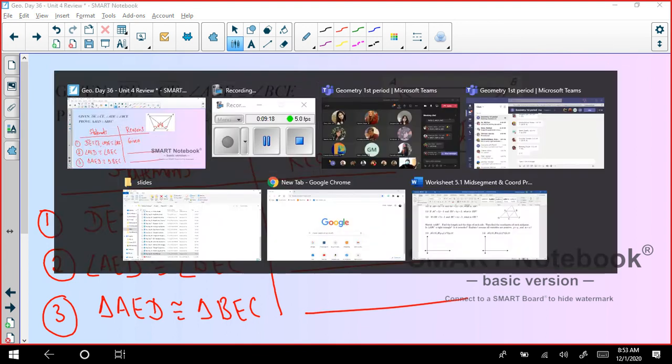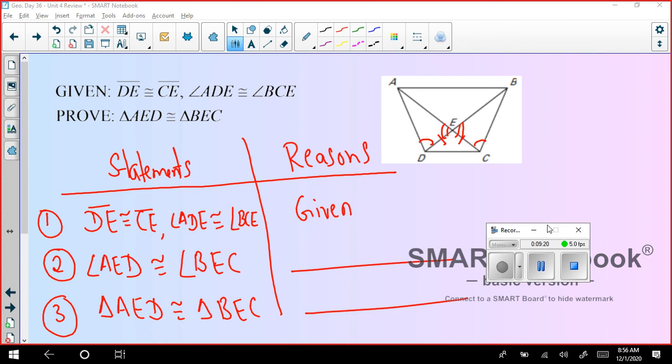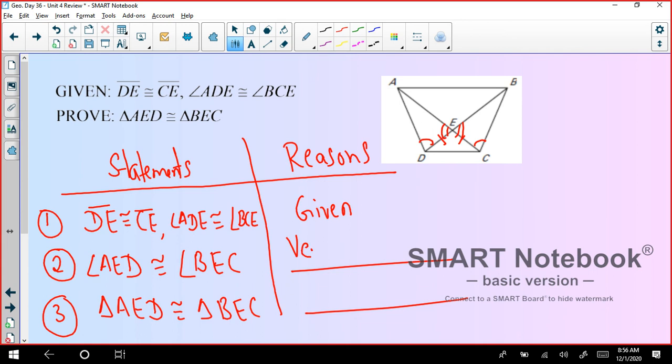I'll give you like 30 to 40 seconds. So these are vertical angle pairs. So by vertical angle pair postulate, you can say these two are congruent. So I'll just tell vertical angle pair postulate as the reason.